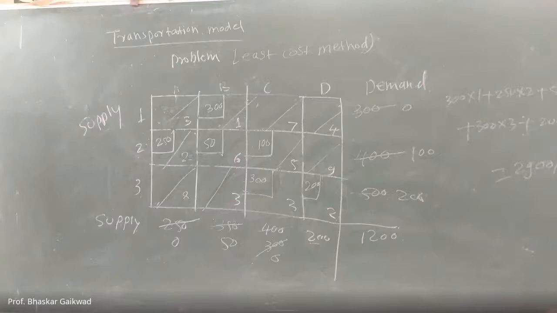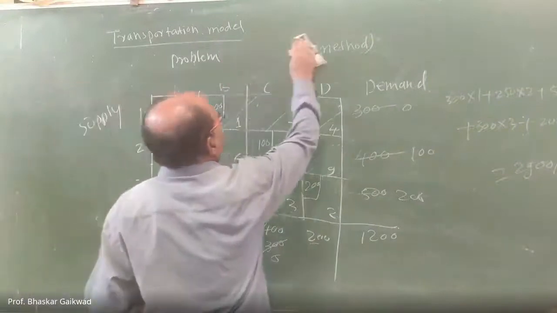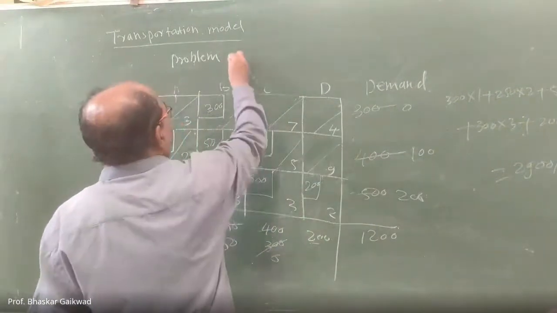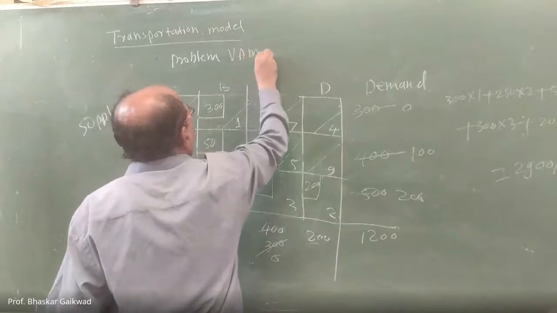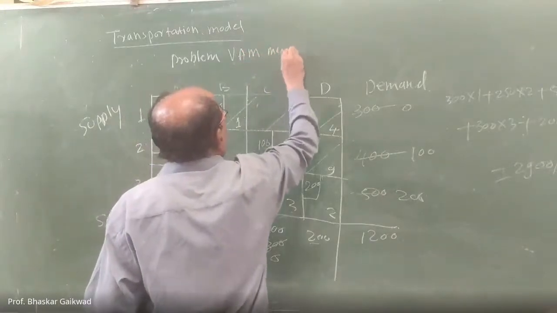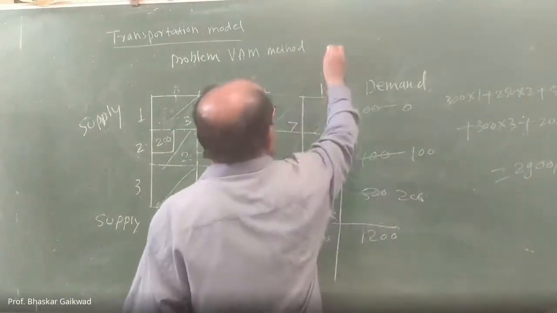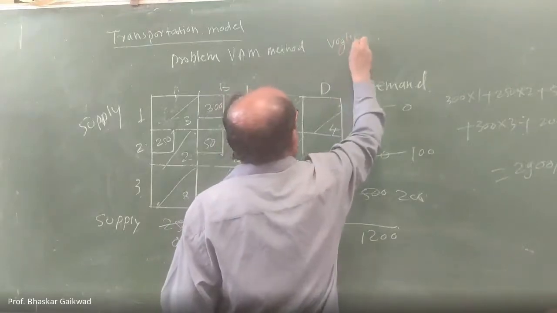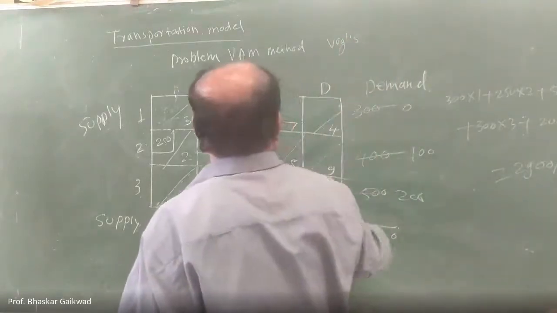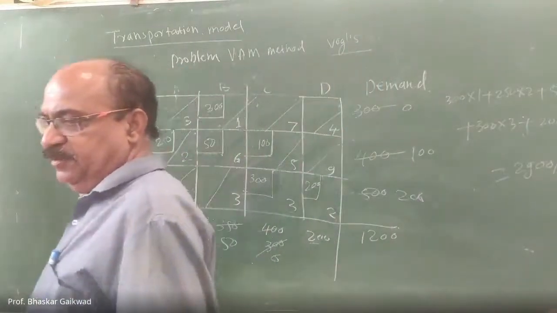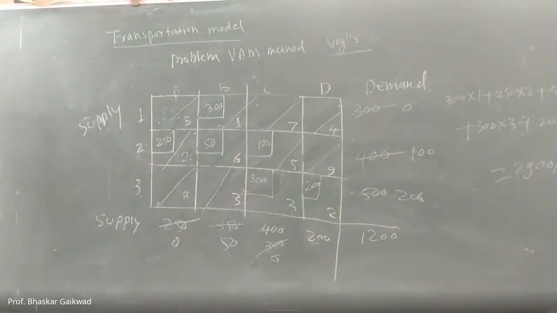Okay. Now we'll go to the next method, that is the third method, Vogel's approximation method, VAM.